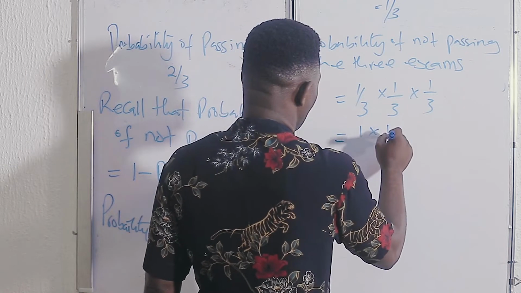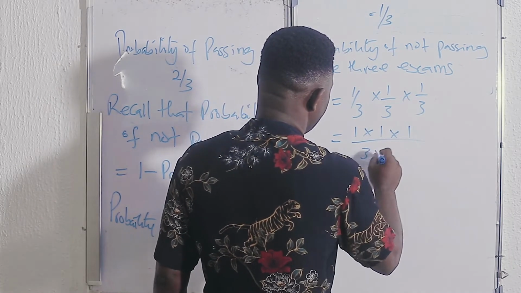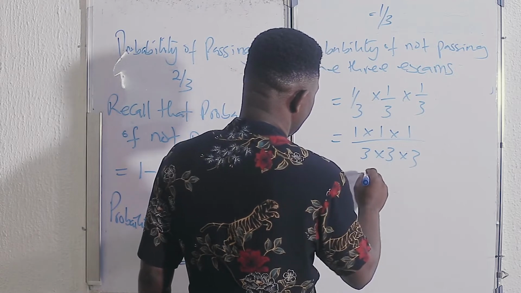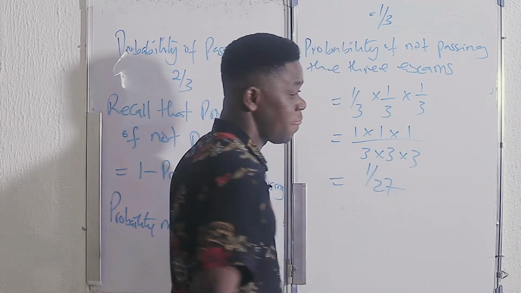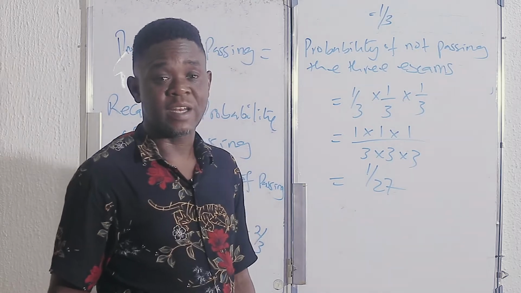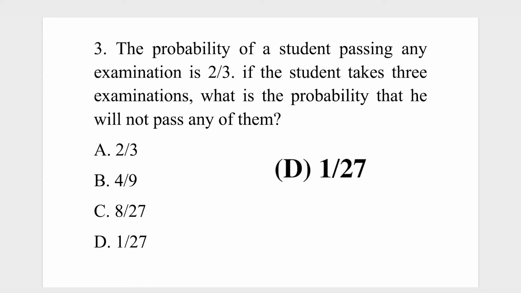This is 1 times 1 times 1 all over 3 times 3 times 3, and that is 1 all over 27. So your correct answer is D.